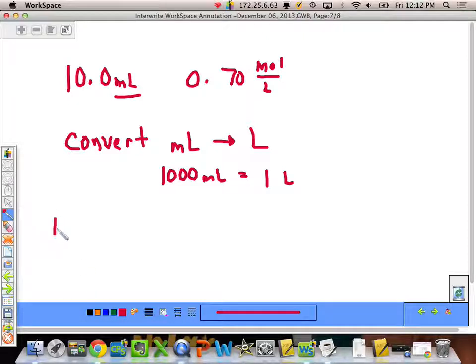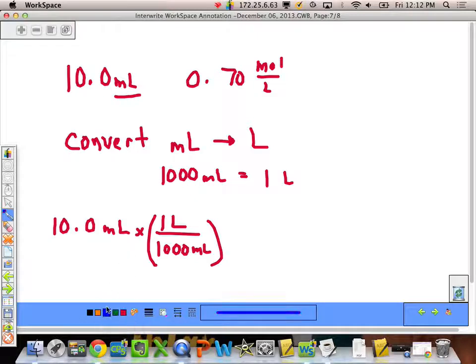So I would start it out 10.0 milliliters times 1 liter over 1,000 milliliters. That's going to allow me to cancel out my units of milliliters. That's going to leave me just with liters of the sodium carbonate.